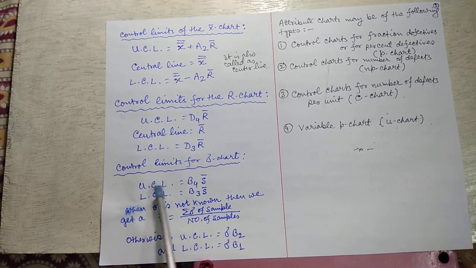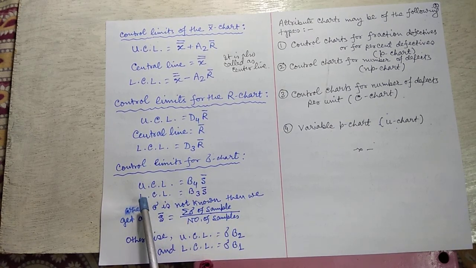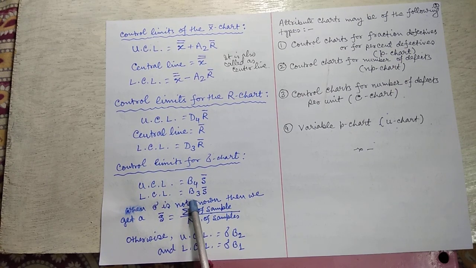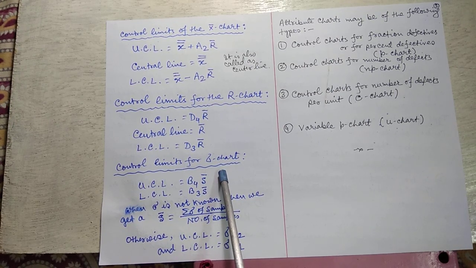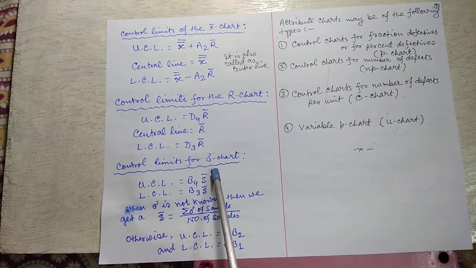Here upper control limit will be B4 S bar and lower control limit equals B3 S bar. But here we should not discuss further on sigma chart or standard deviation chart, because it is not so important for our curriculum.